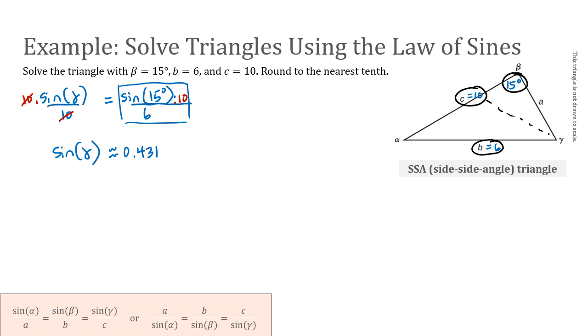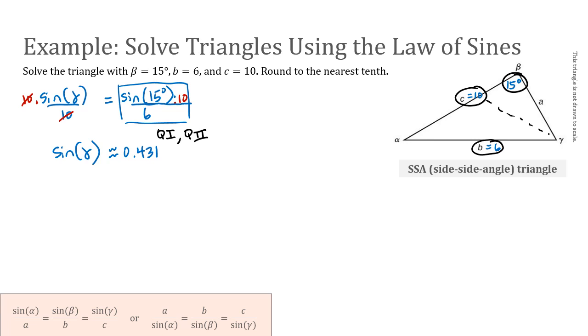0.431. And the reason I like to know that is because it gives me an indication of what that angle might be. If you take the sine of an angle and you have a positive output, that puts me in either quadrant 1 or quadrant 2, and I know how to find both of those angles. The quadrant 1 angle comes from taking the inverse sine of each side.